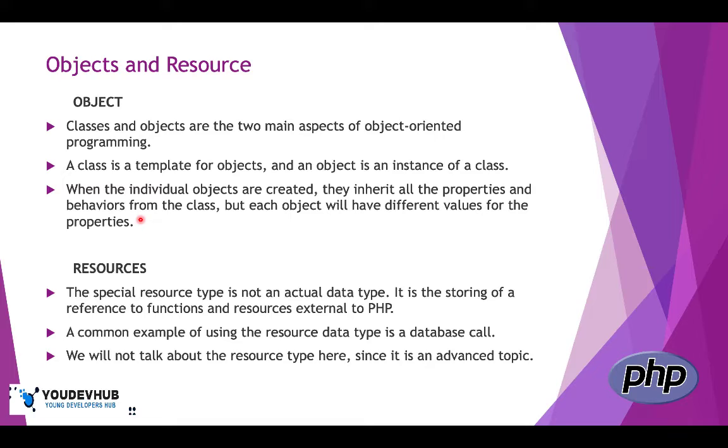We have the boolean, which can have a value of true or false. We have the arrays, which are containers that can store multiple values in one variable. And we also have our objects and resource, which can be used to store classes and for use in more object-oriented programming.